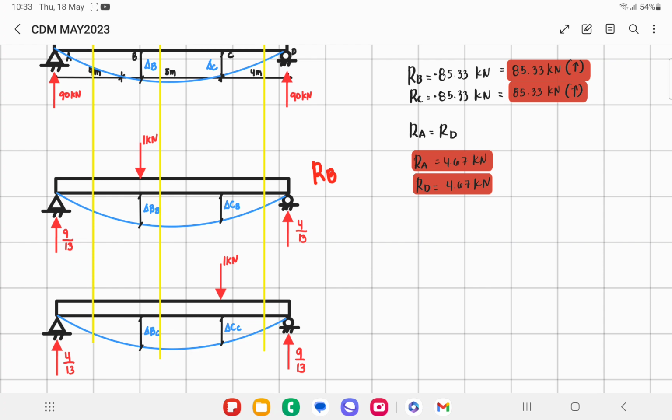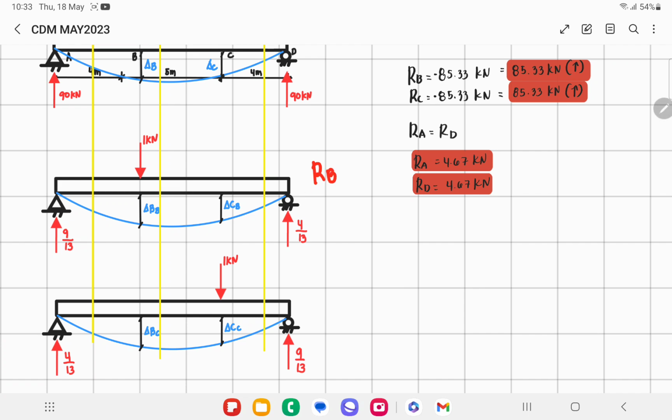I assumed that the reaction at B is downward. We will do a self-check after we compute the reaction; if it is negative, we have to change the direction of our assumed force.